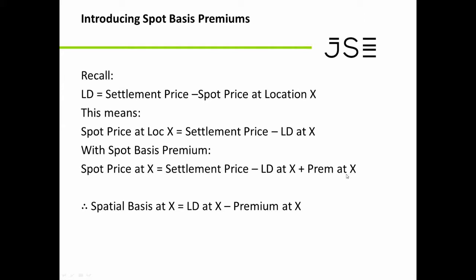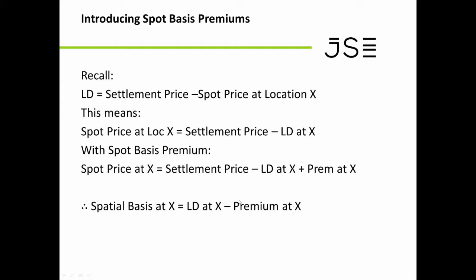So we do have a separate screen where market participants, buyers and sellers, can say, even though we know the settlement price was 2,000, I'm willing to pay an extra 20 Rand per ton over that price to be able to secure my maize at location X. And this, as you can see, is additional income that would go straight to the pocket of the farmer.